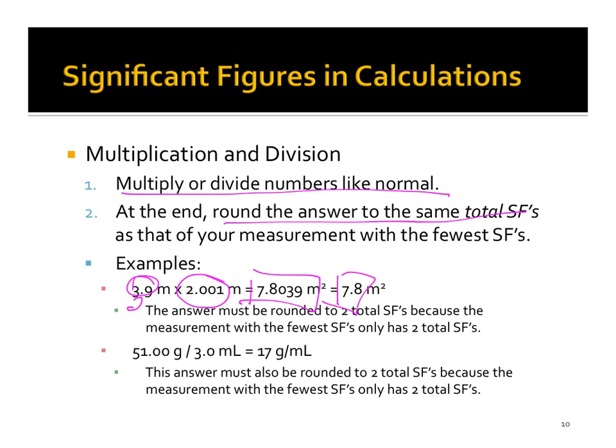This one had 2, so this one has 2. Down here, if we look at 51.00, that has 4. 3.0 has 2, so our answer has 2. Like I said, these I feel are easier to do, and luckily that's the majority of our calculations.